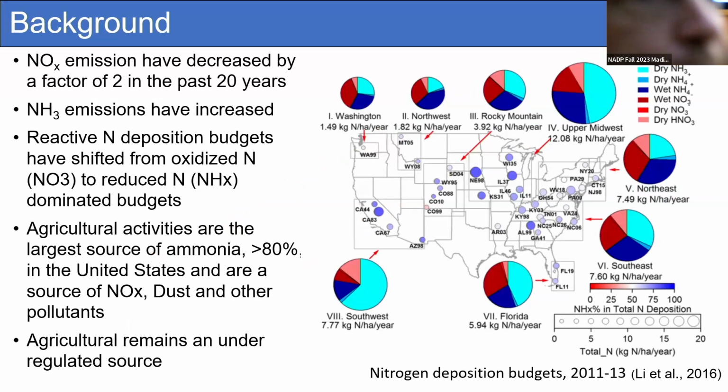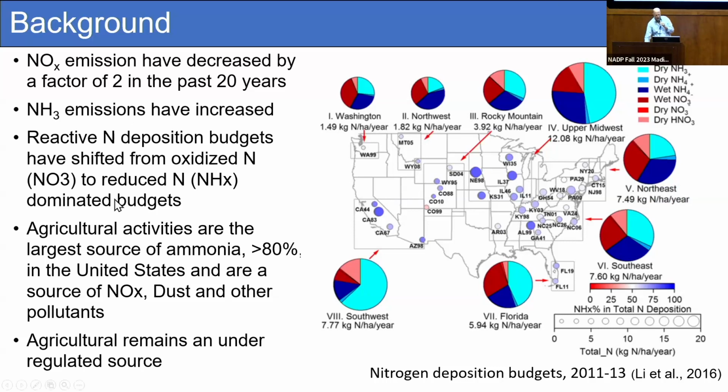So we've seen a lot of decreases in NOx. We haven't seen those decreases in ammonia emissions. In fact, they may have gone up, if anything. And so we've seen a shift in the atmospheric chemistry from an oxidized-rich environment to a more reduced-rich environment.